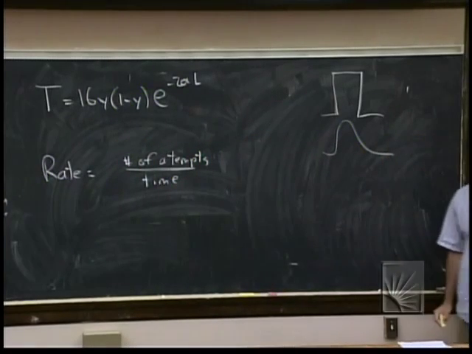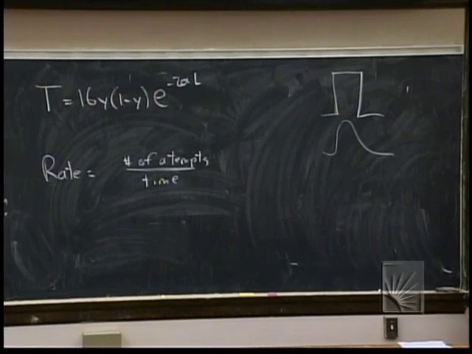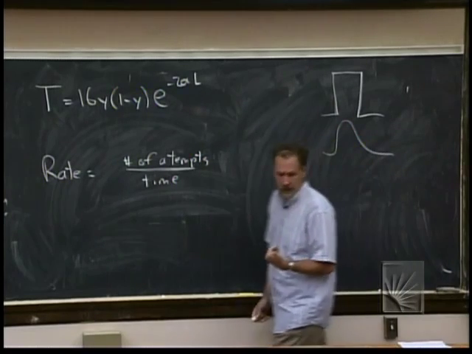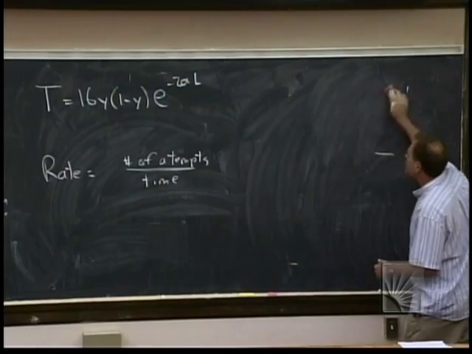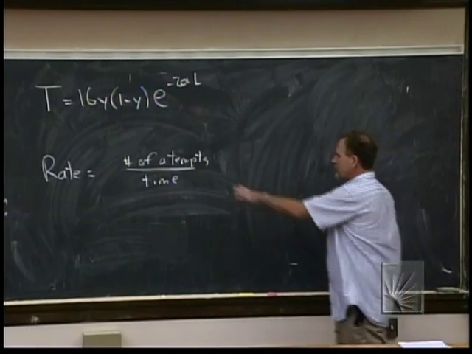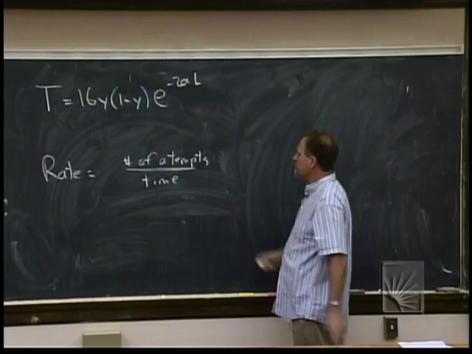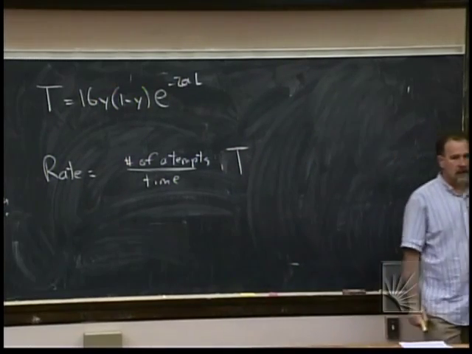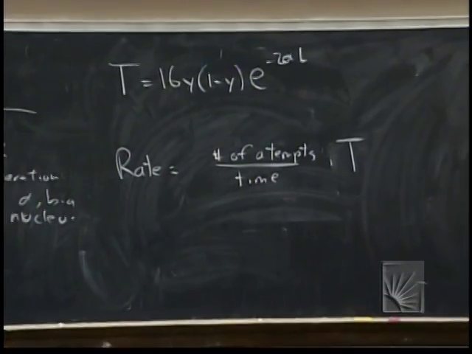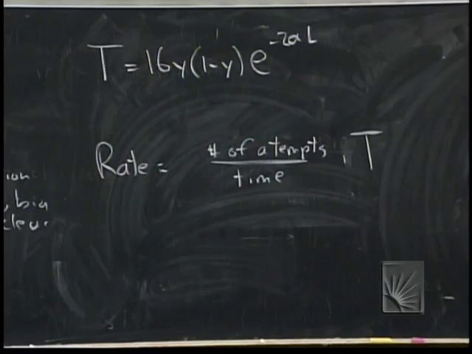The rate is 1 over time. The units of a rate is 1 over time. So the rate is the number of attempts in some time times T, the transmission probability, if you will, per attempt. I can interpret T that way.